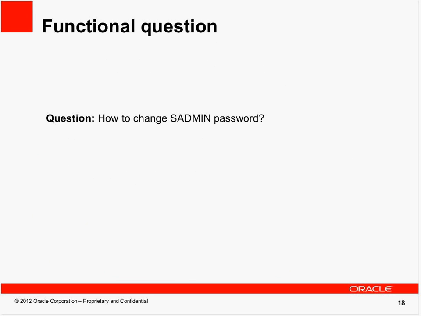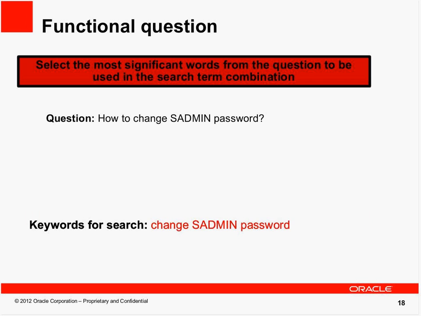How to search when you have a functional question? So let's assume that you want to know how to change admin password. The keywords that you choose for this search are change admin password. Basically, you select the most significant words from the question to be used in the search term combination.